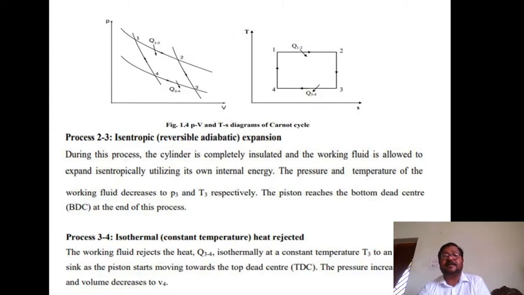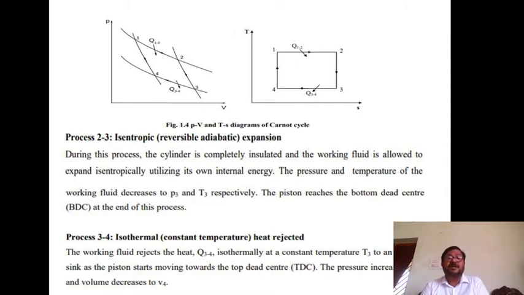Heat is supplied in the isothermal process. In the temperature versus entropy diagram, 1 to 2 is an isothermal process, 3 to 4 is also isothermal, and 4 to 1 and 2 to 3 are reversible adiabatic compression and expansion processes.